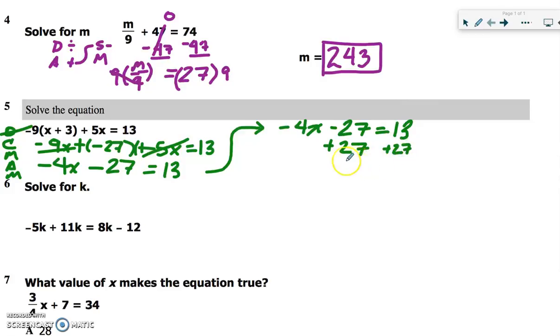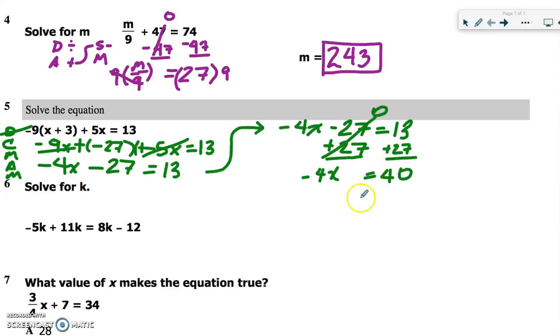Whatever I do to one side, gotta do to the other side. Fair is fair. Okay. So now positive and negative 27 cancel out, make 0. I'm left with negative 4x on the left is equal to 13 plus 27, that's 30, 40. We've got 40 on the right.